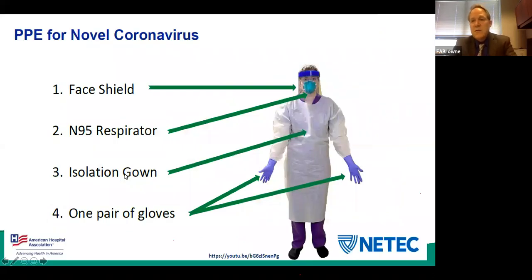So what are we currently doing in the hospital? So in the hospital, at least when people are aerosolized or on the ventilator, we're using face shields, an N95 respirator, isolation gowns, and a single pair of gloves. We've been able to escalate as the illness became more widespread in the community.